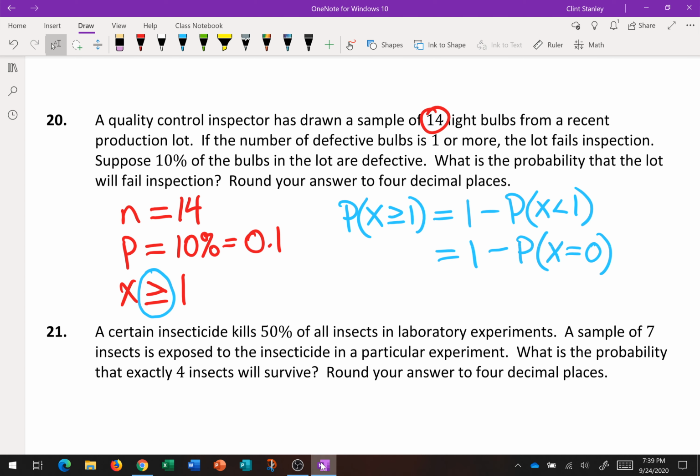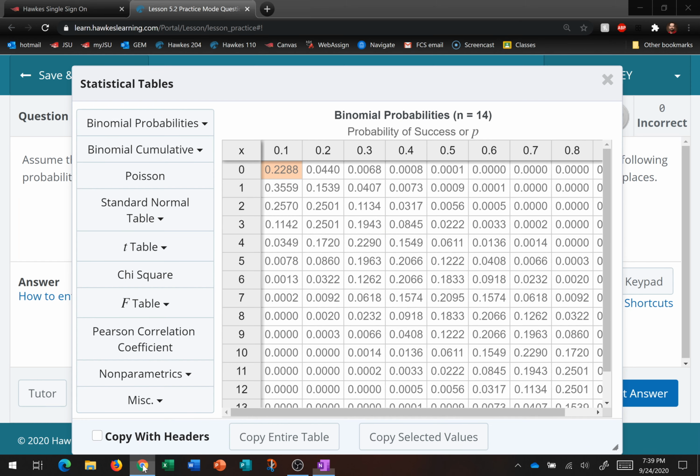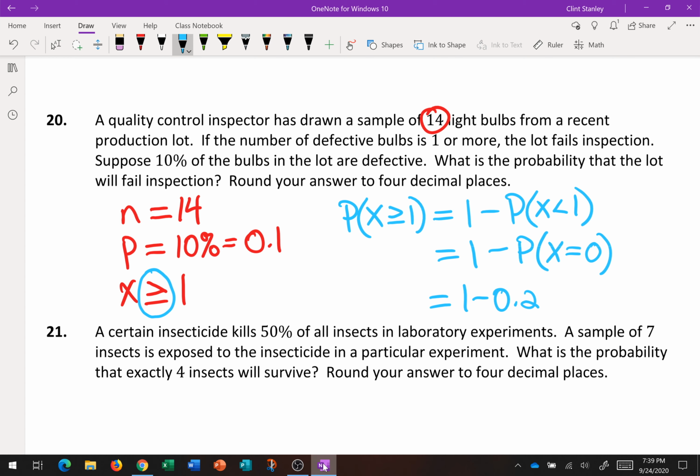That's not our final answer. We want 1 minus 0.2288. So what do we get there? 1 minus 0.2288 equals 0.7712.